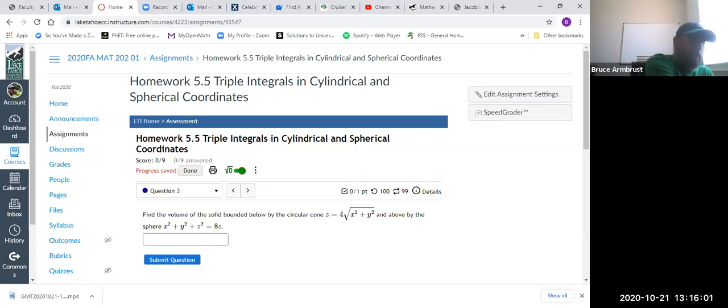So let me go ahead and write down these equations so that I can go to the whiteboard. The cone is the bottom and the sphere is the top. And all we're finding is volume, which means we just have to integrate 1 dV.